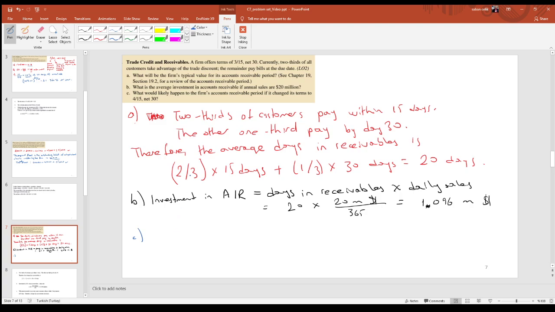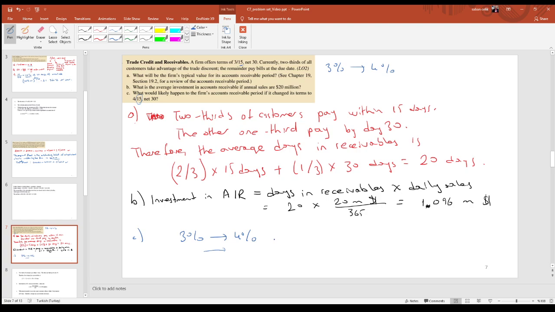So what we are doing here, we are increasing the percent of discount from 3% to 4%, but the length of the number of days that the option is available remains the same, as you see, and the number of days payment is due also remains the same.